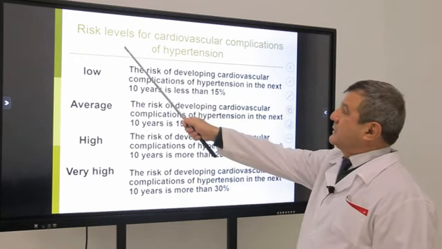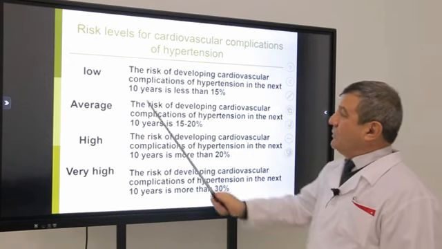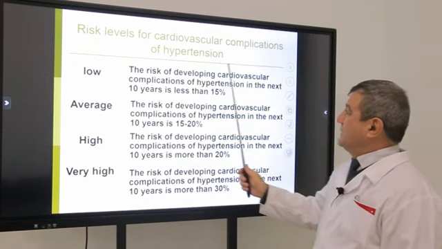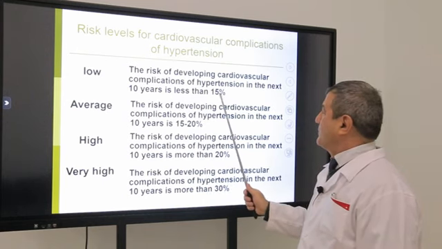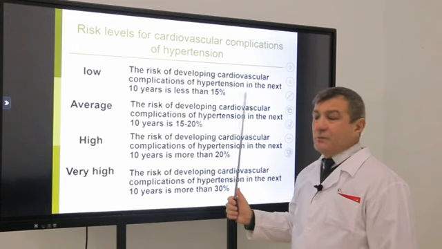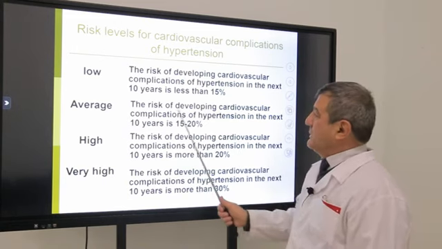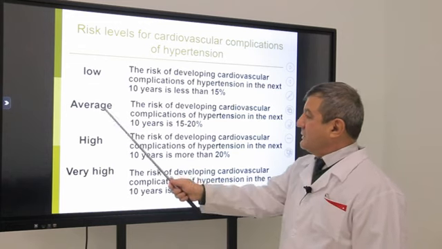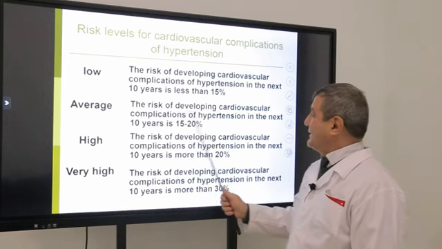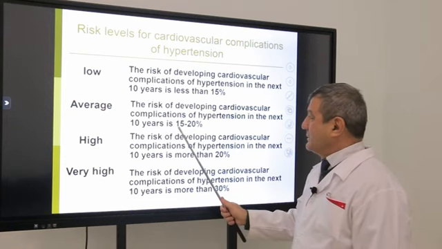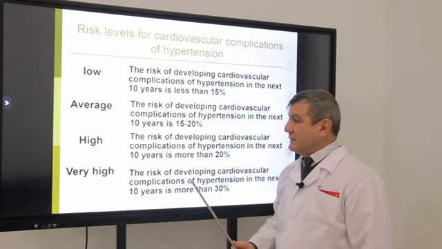Now, risk levels for cardiovascular complications of hypertension. Low risk: we can see that during 10 years, less than 15% of patients can have complications. When we say average, or moderate risk, during the next 10 years, 15–20% of patients can have complications.